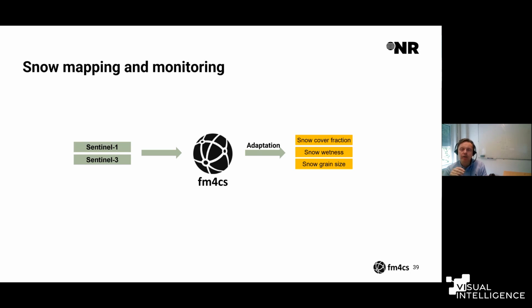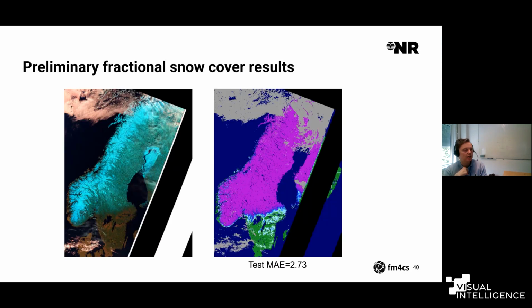Send it to our model and adapt it to different cases. So we will consider snow cover fraction, snow wetness, and snow grain size, which can all be estimated from remote sensing data. So here's an example of snow cover fraction, which is definitely the most important one. Where we have sent, this is Scandinavia back in 2018, I think, something like that, the image.